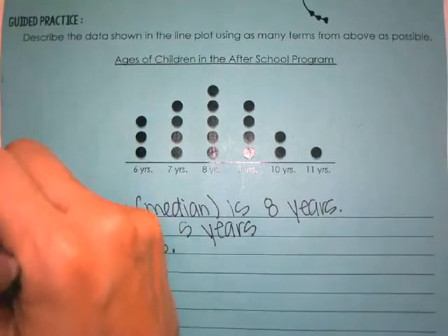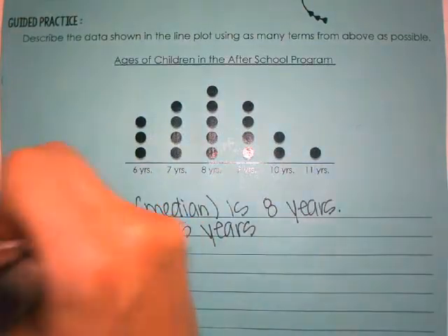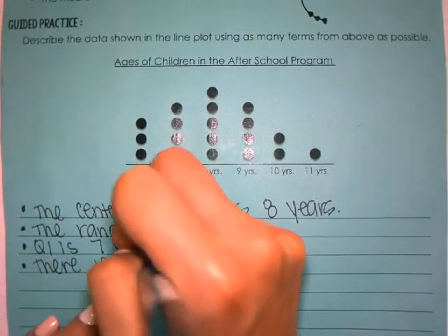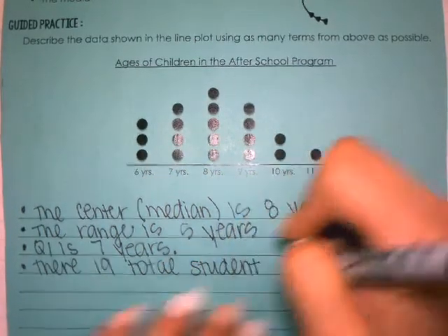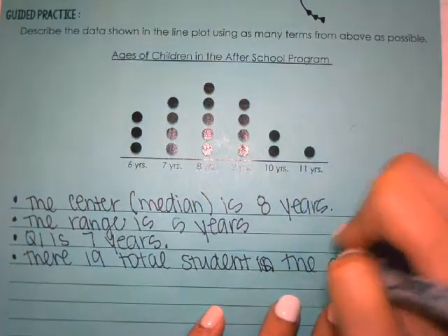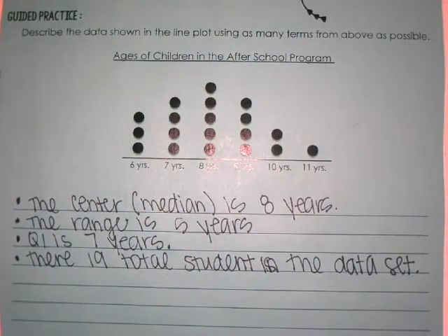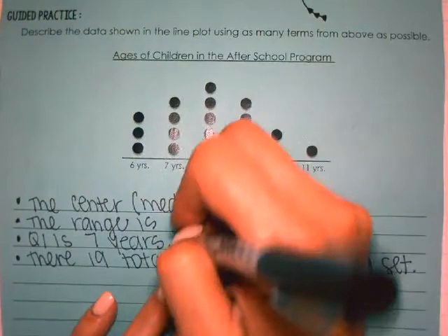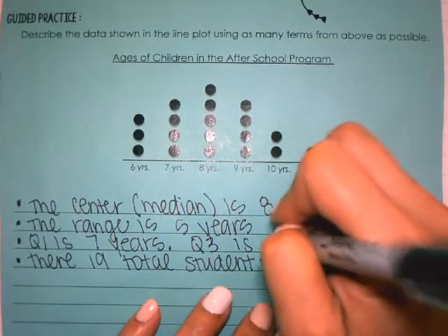The number of pieces of data is 19. Perfect. There are 19 total students in the data set. Excellent. The third quartile is 9 years. Quartile 3 is 9 years.